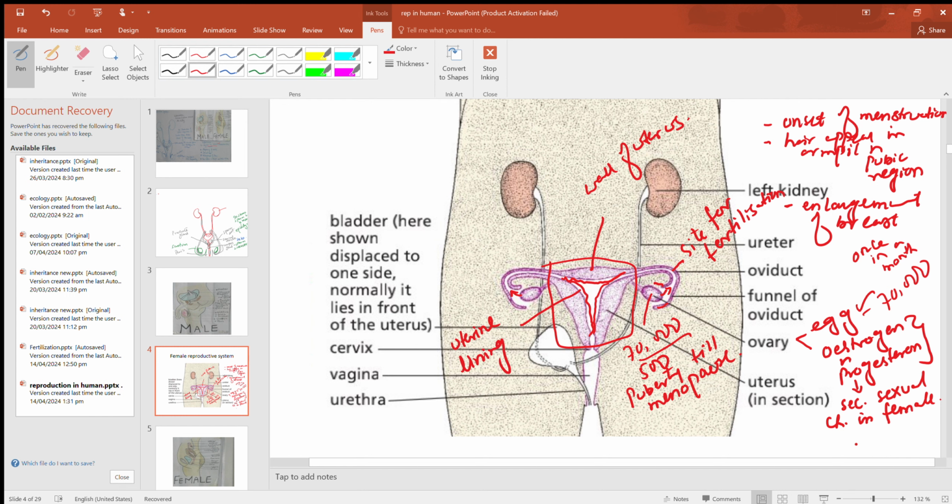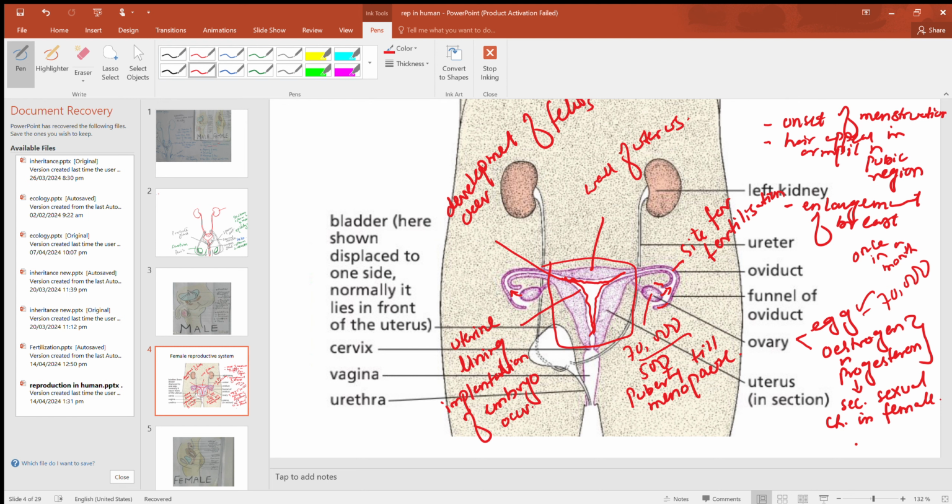Now, what is the function of this uterine lining? Over here, the implantation of the embryo occurs. What is an embryo? We will discuss it later. And what is the function of the uterus? The function of the whole uterus is that the development of the fetus occurs here.